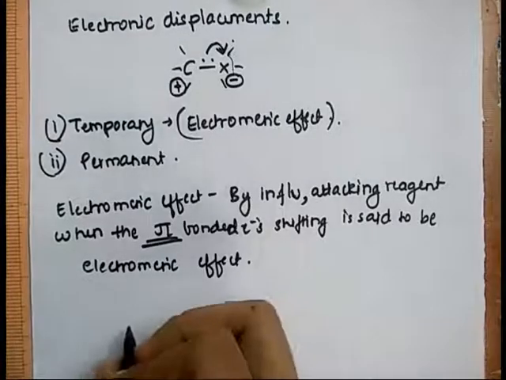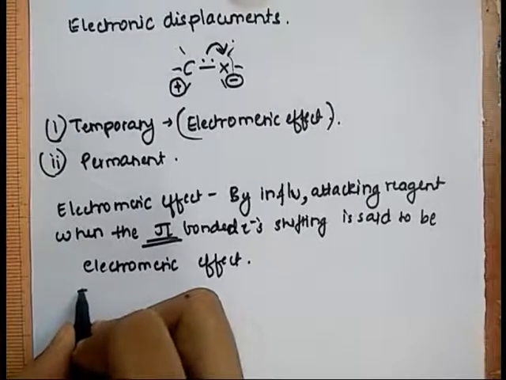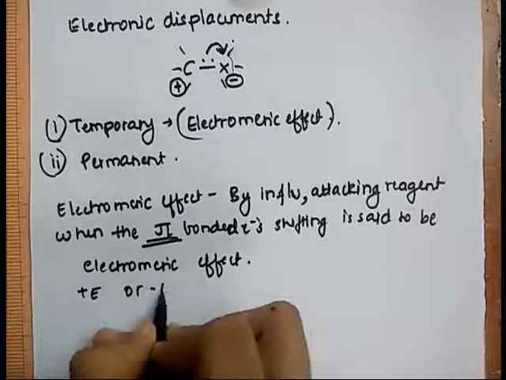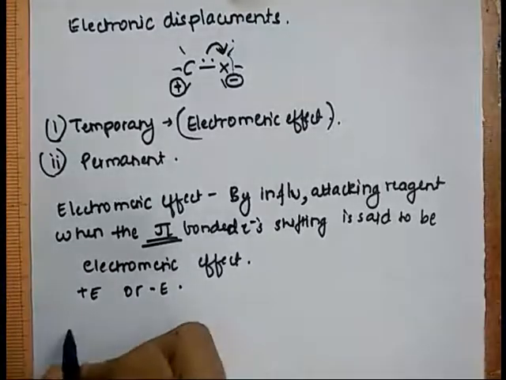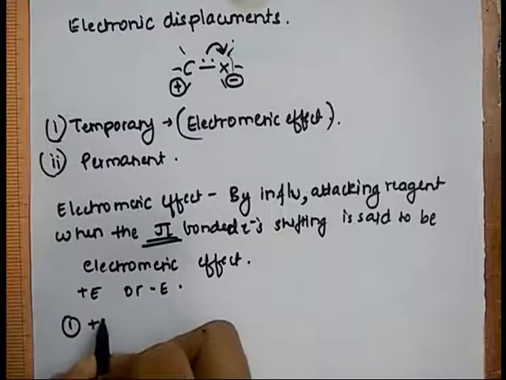So the electromeric effect will be plus E effect or minus E effect. First we'll see the plus E effect.